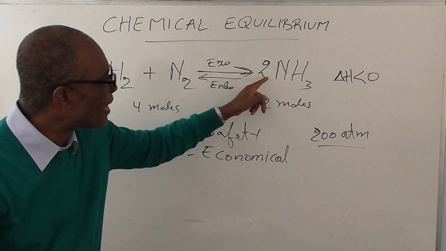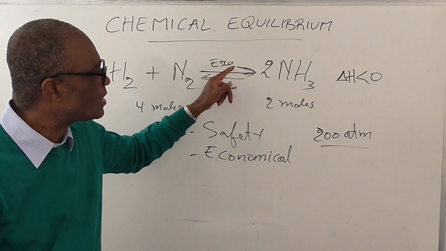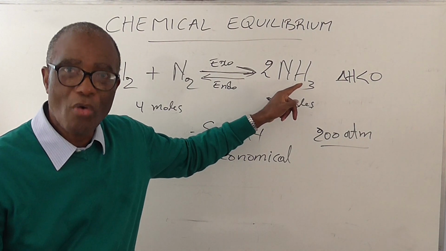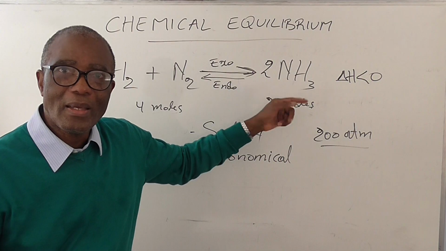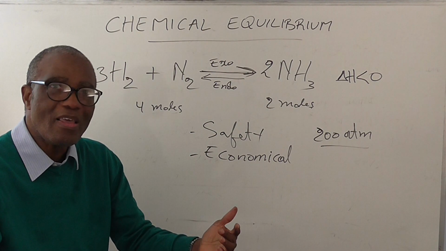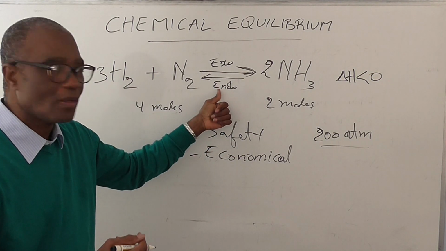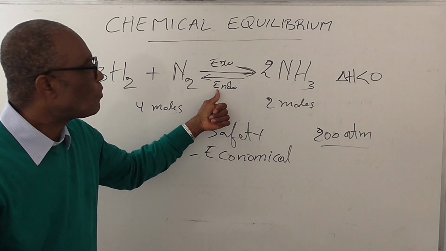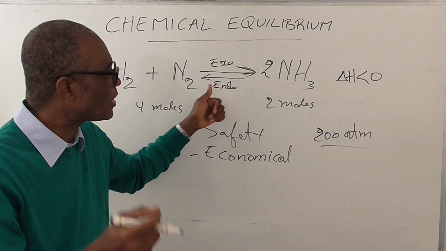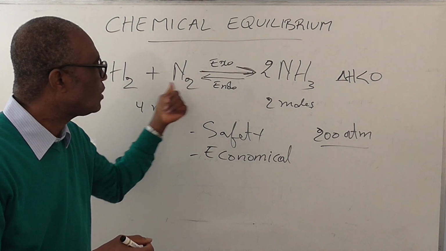Okay? Because the reaction is exothermic, releasing heat, if you supply more heat, the system will readjust to relieve that. That means it has to go the other side. So if we supply more heat, the reaction will shift to the left.